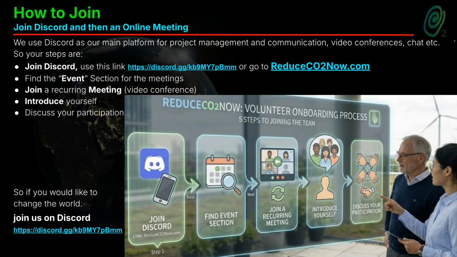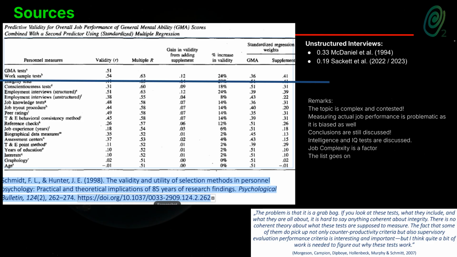You can take the link here, or you can go to reduceco2now.com, find the link in the description. You go to the events section. Events are meetings, and then you join one of the recurring meetings, video conference, introduce yourself, and discuss your participation. That's overall how our recruiting process looks.